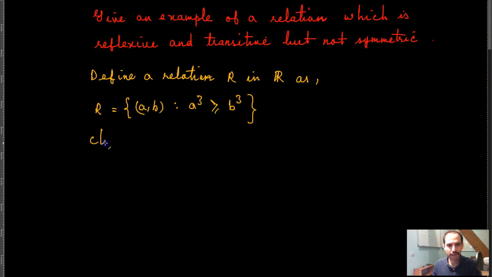You can say that clearly (a, a) belongs to R as a cube is equal to a cube. So we have no problem there, and so basically we can say that R is reflexive.